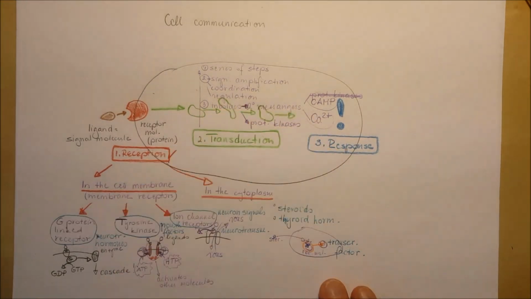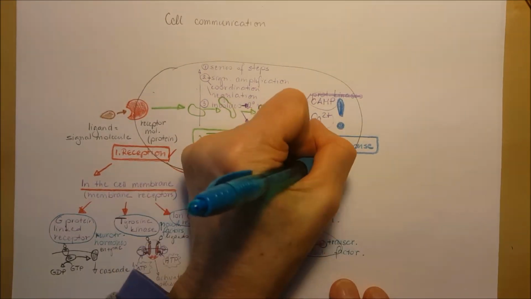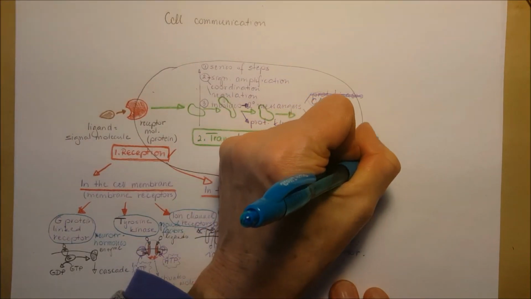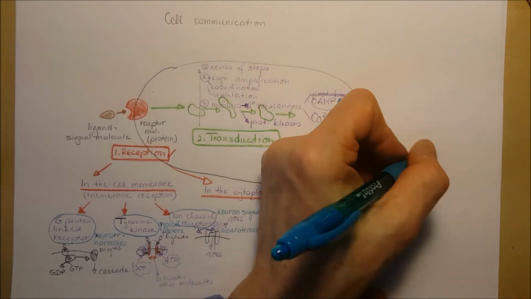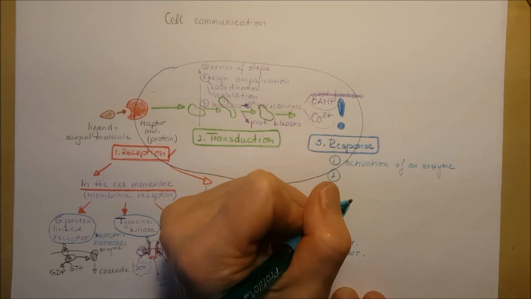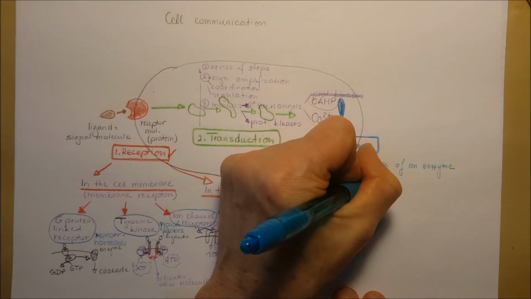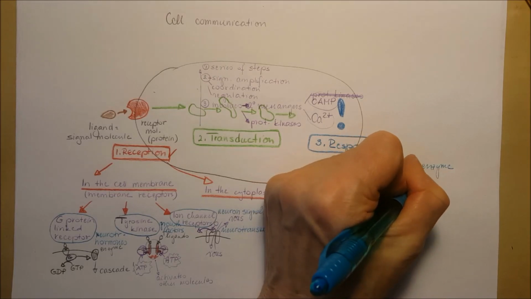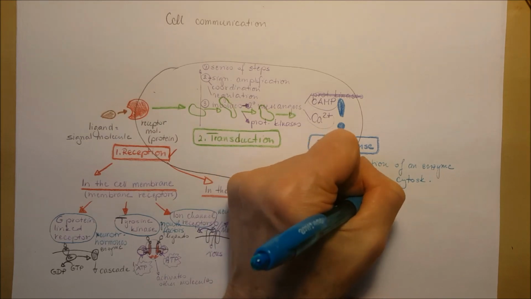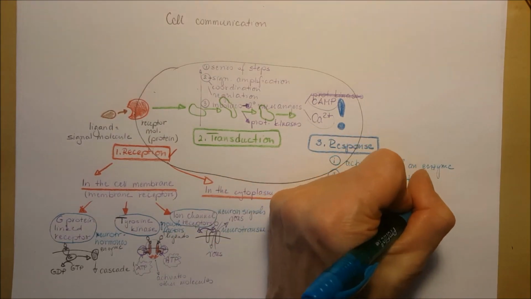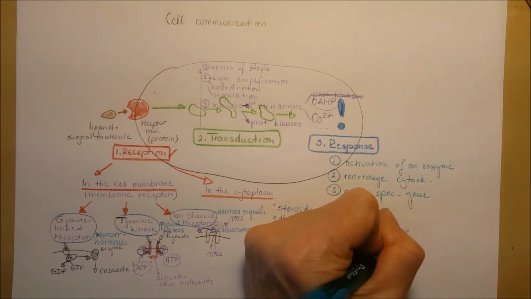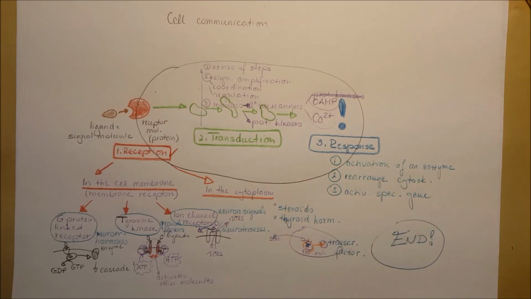The response can be activating an enzyme, or the ligand message can be to rearrange the cytoskeleton's structure, or activating specific genes and producing different protein synthesis, or changing membrane permeability.